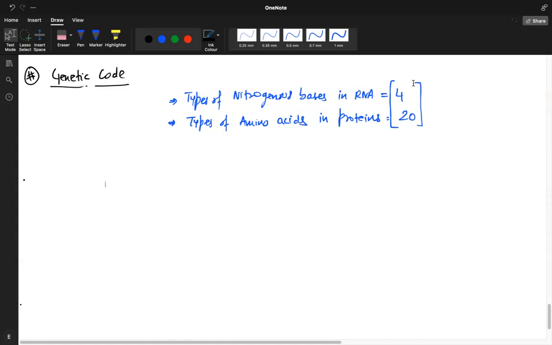Finally, it was a physicist. A physicist means a person who's doing research in physics. His name was George Gamow.